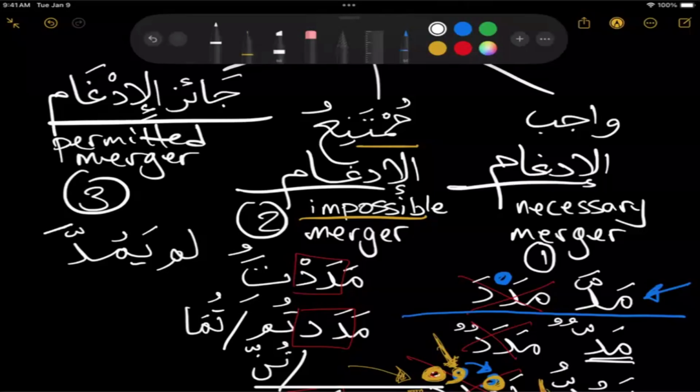By saying lam yamudda. And now you might ask, what is this fatha here? This fatha is preventing the meeting of two sukoons.